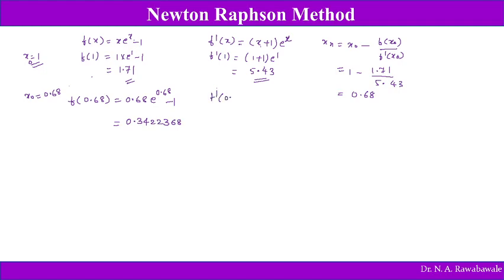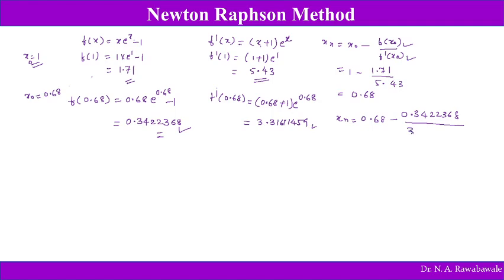Then f dash of 0.68, substituting 0.68 plus 1 e to the power of 0.68, on simplification yields 3.31611459. Now xn, with x naught now 0.68, minus f of x naught, 0.3422368, divided by f dash of x naught, 3.31611459.